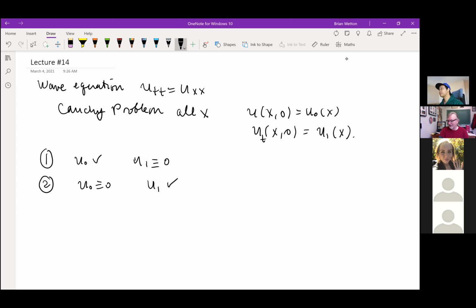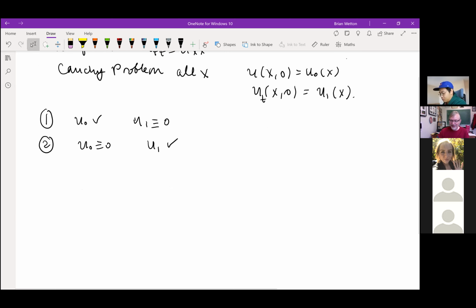This is the typical thing we've done before, where for these linear problems, we can divide up the data into different pieces, and we can solve them all separately, putting homogeneous values for the ones that we're not interested in at the time. Using the D'Alembert form of the solutions to the wave equation, we derived solutions for those two.